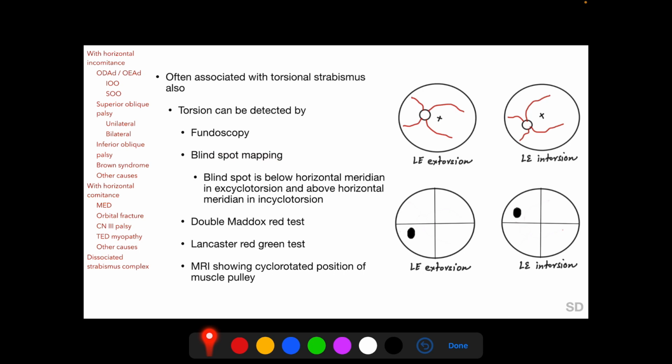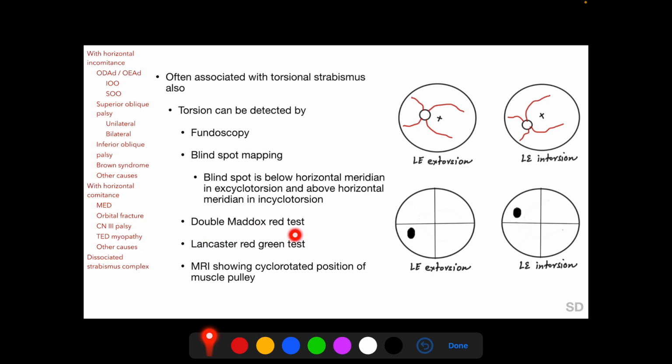When we perform the visual field test on an eye with extorsion, in the report we'll find that the blind spot is located below the horizontal meridian, corresponding to the superior displacement of the optic disc in an extorted eye. And in an intorted eye, the blind spot will be located above the horizontal meridian, corresponding to the inferior displacement of the optic disc in an eye with intorsion.